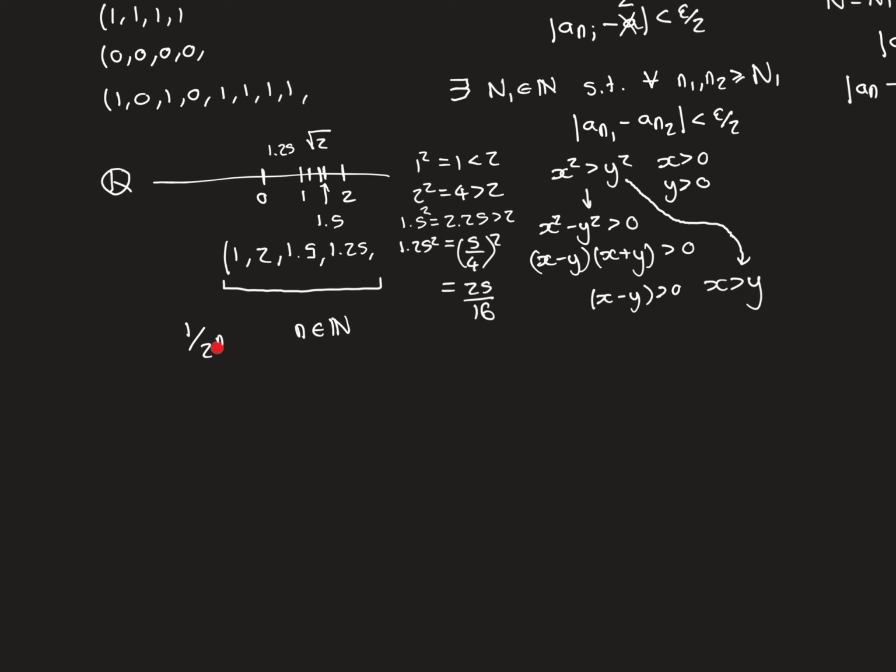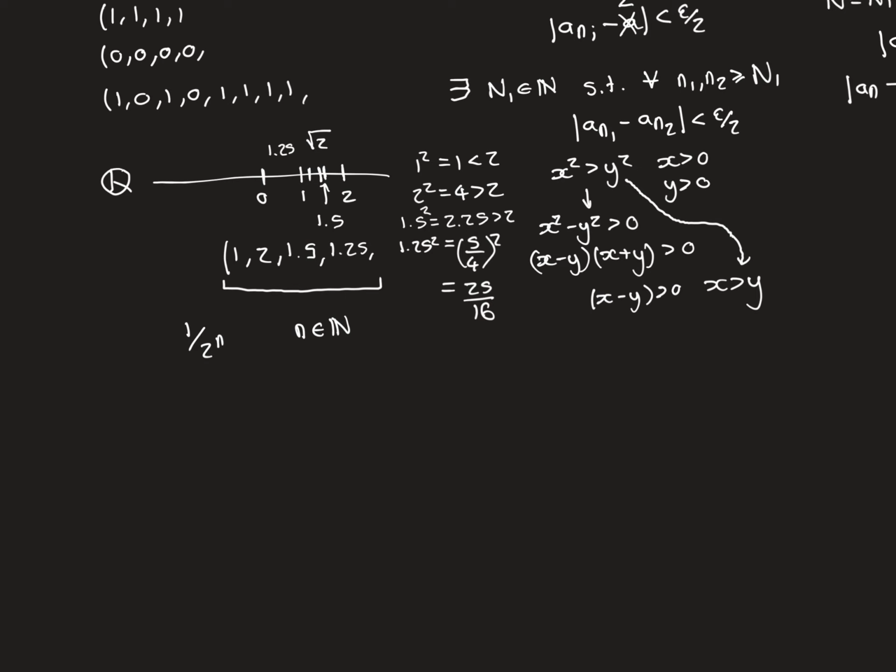You give me a natural number, so you give me 10 for instance. I can go along this sequence and I can find the terms which relate to that interval of size 1 over 2 to the power of 10. So the terms of the sequence are always relating to this, and then all the terms beyond that term will have to be inside that interval, because we're just getting smaller and smaller intervals.